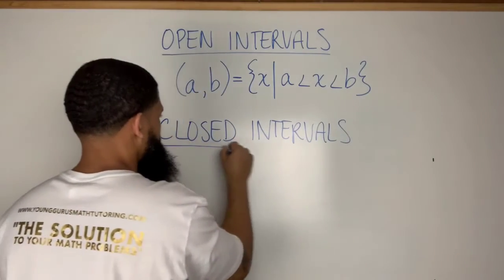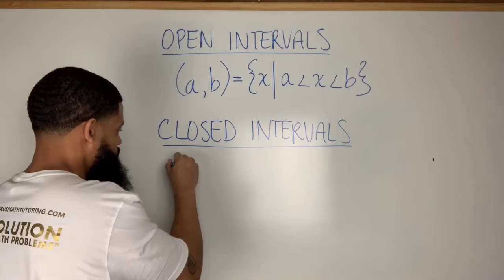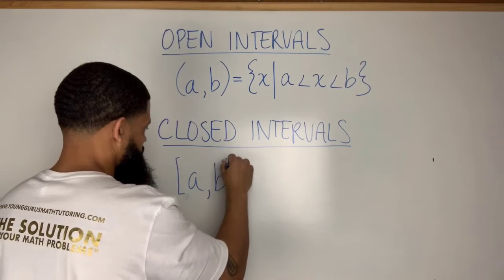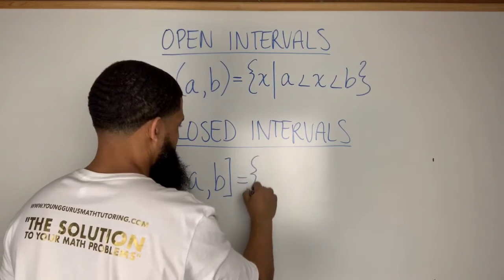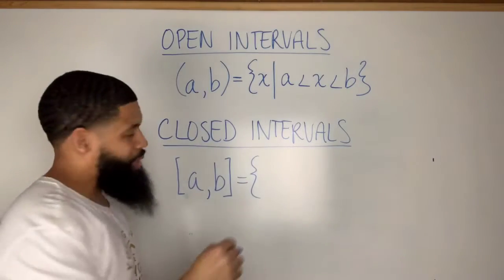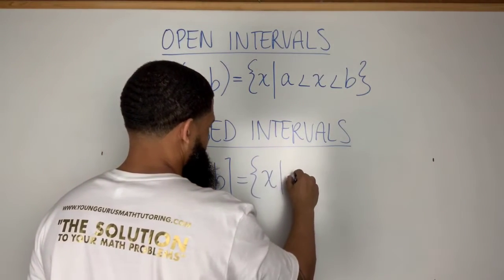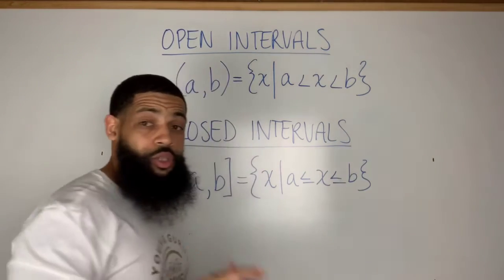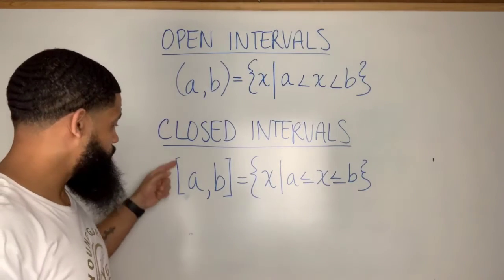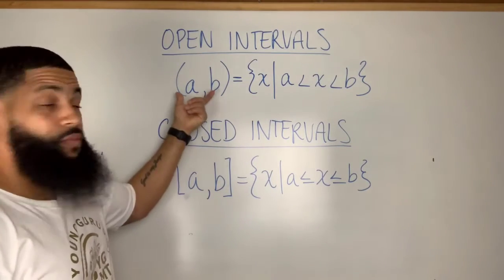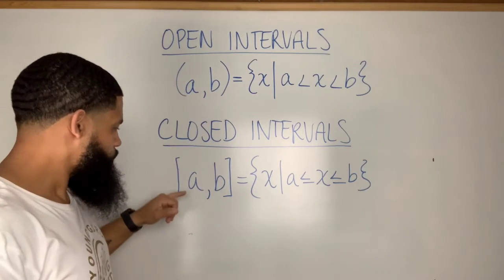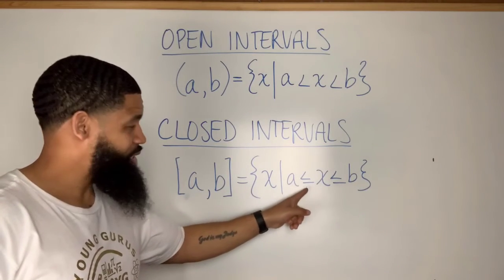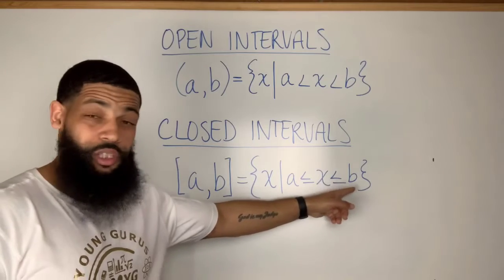These are typically used with inequalities and a few other things. Closed intervals look like this. A closed interval might say the set of all x such that a is less than or equal to x, which is less than or equal to b.